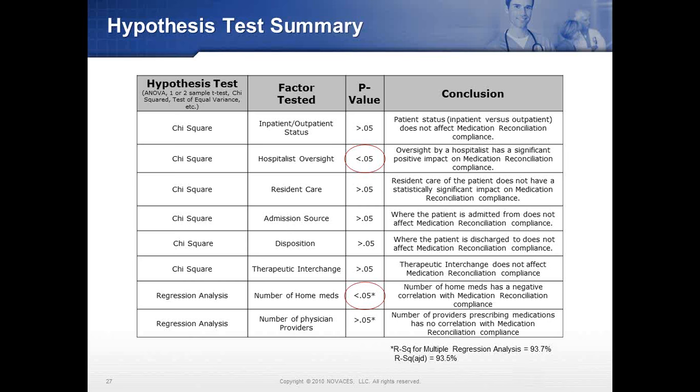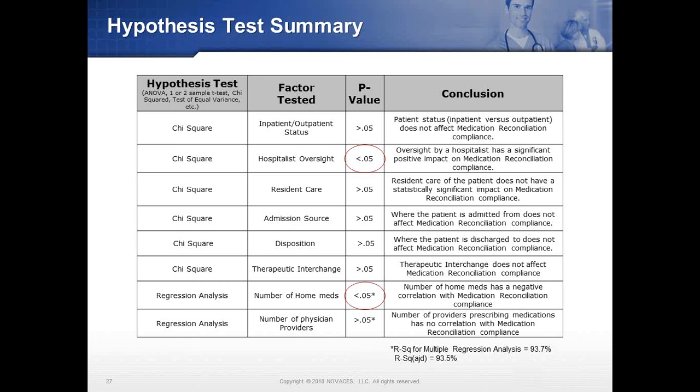So number of home meds definitely had an impact. But the number of physician providers did not. Where they were dispositioned to did not. Where they were admitted from did not. Whether or not a resident was involved in their care did not.